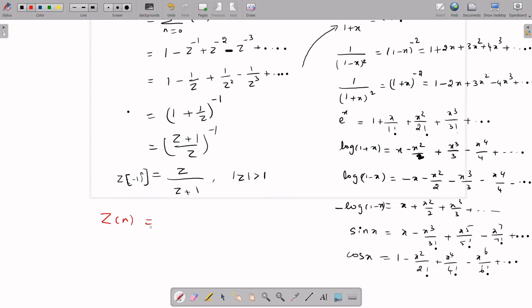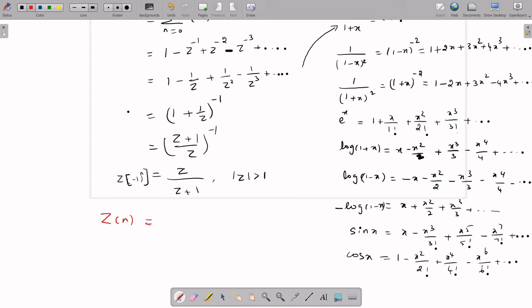Z transform of n, how can we get the z transform of n here? You have a formula, or you can write this way. Directly also you can do it. Use the substitution here.